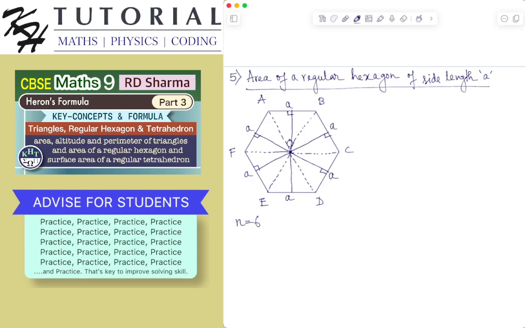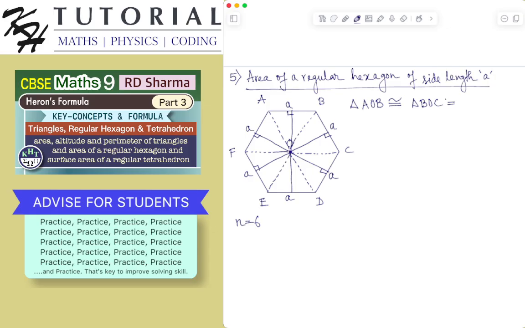So the triangle, you see the triangle AOB. Each side is making a triangle with the center. That is, the side AB is making with the center O the triangle AOB. All these triangles will be congruent. That is, all these triangles are equilateral triangles. That is, triangle AOB, triangle BOC, all these are equilateral triangles, and they are congruent.